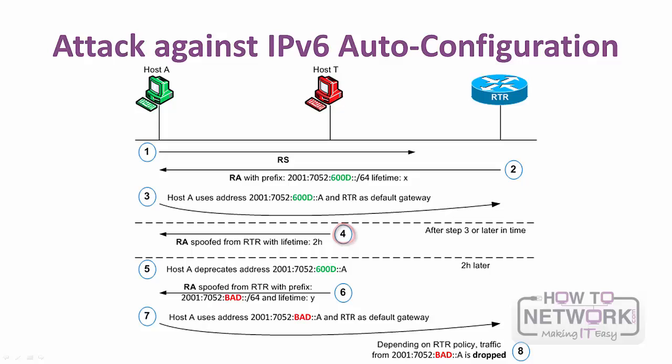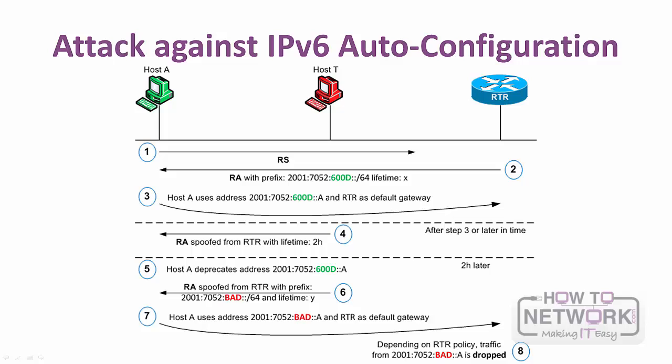Step 4. If malicious host T manages to insert itself in the link, it could spoof an ICMPv6 router advertisement from R1 that sets the lifetime for the link to 2 hours. Step 5. That would cause the host A address to expire in 2 hours. Step 6.